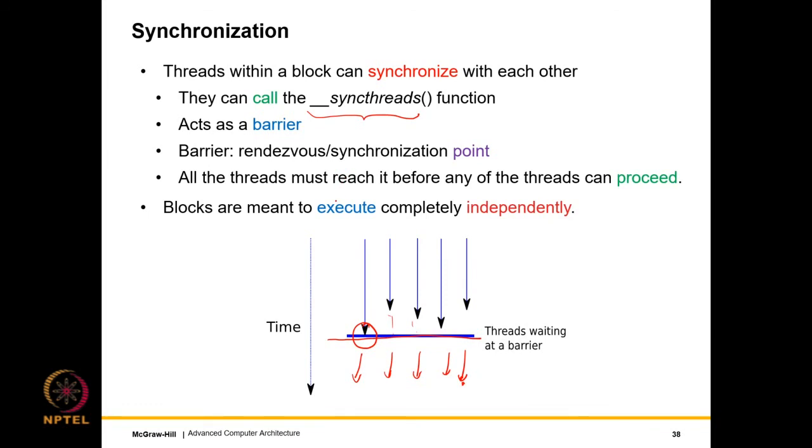All right. So the idea over here is that thread blocks are meant to execute completely independently. The way that we take a computation is that, of course, we divide the entire computation as a grid. We divide the grid, as we have seen, into thread blocks. Each thread block is meant to be completely independent of the other thread blocks.